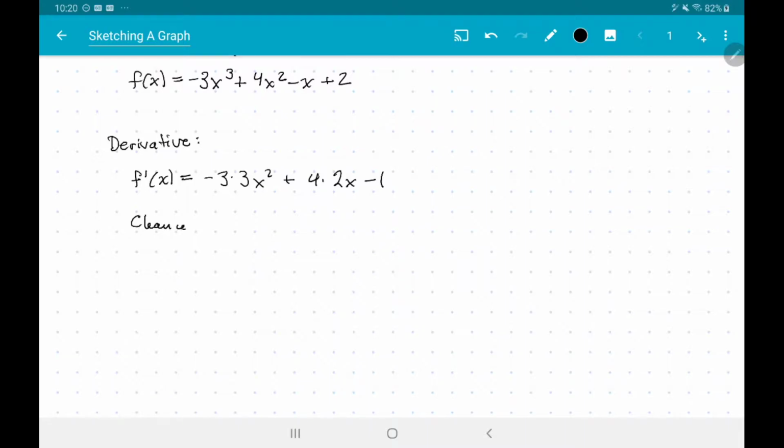By now, you may be able to do the derivative and the cleanup in your head for something as simple as a polynomial, but there it is. Okay, negative 9x squared plus 8x minus 1.